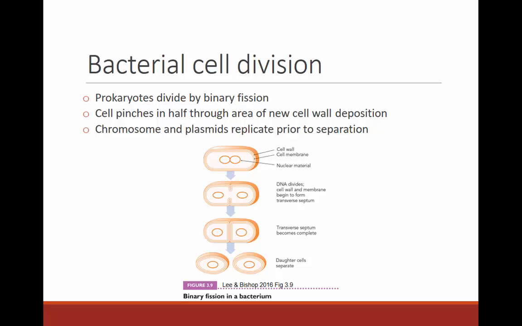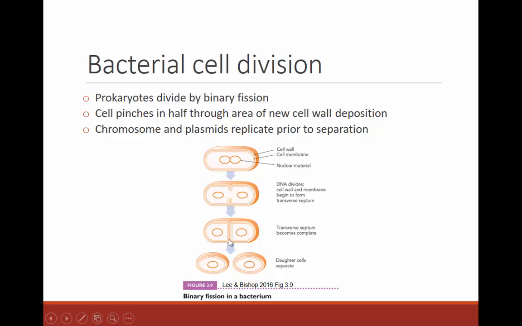Now with bacterial cell division, this is known as binary fission. Okay, just very simply, you get the chromosomes, so the genetic material, replicating and moving to either side of the end of the cell. And then you get the cell coming down, forming a transverse septum.